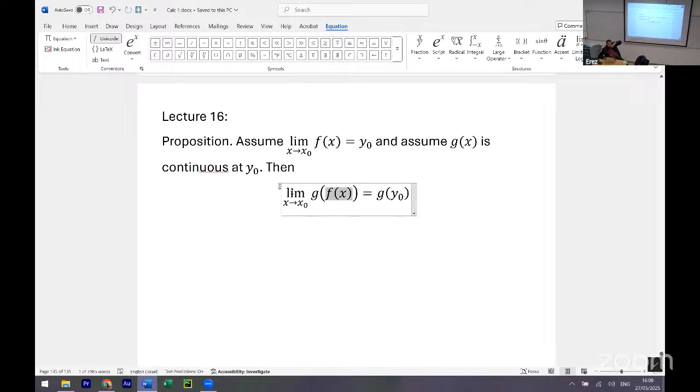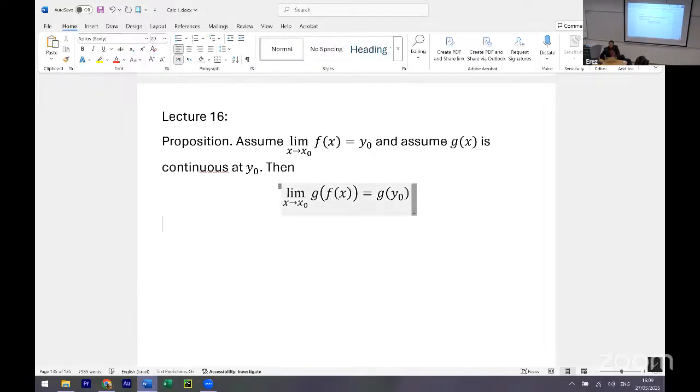What can we say about the composition? In general, I usually do an example that it's not true, but I skip that. When the outer function is continuous, then the theorem actually holds. The limit of the composition is just as expected. And we need to prove that.